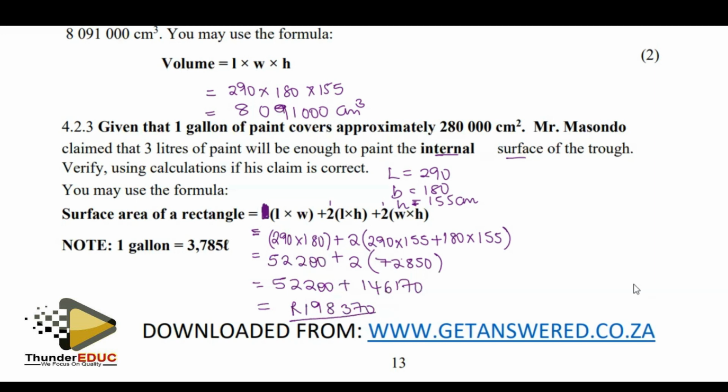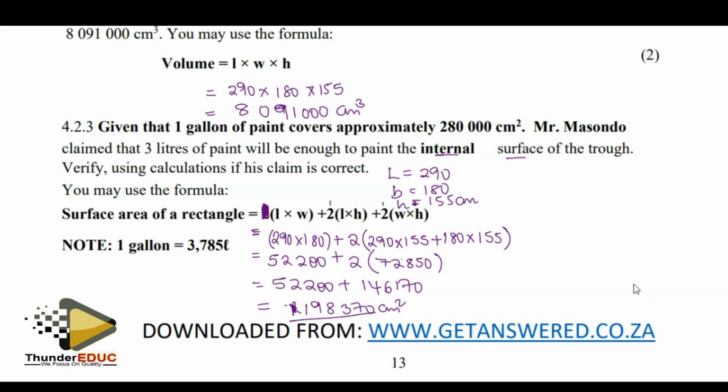So this is not rand, sorry. Centimeters squared. So that is the internal area to be covered, to be painted.